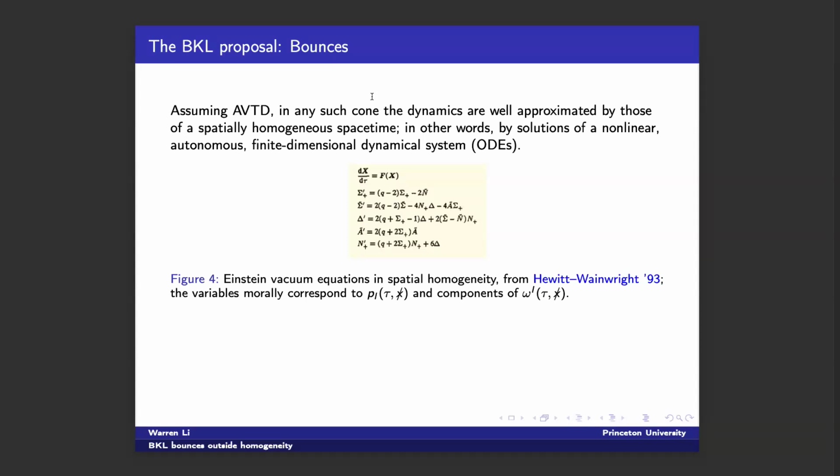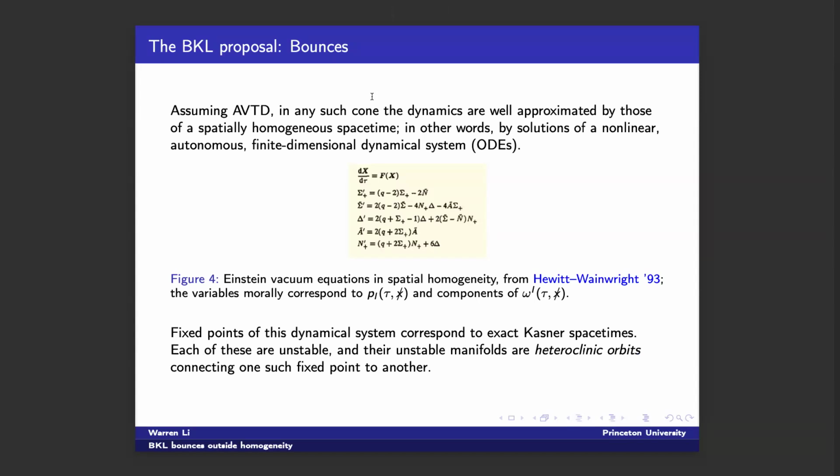All points in space are the same, and for solutions of the Einstein equations which are spatially homogeneous, we can change the Einstein equations to a system of nonlinear autonomous, well, just say a system of nonlinear ODEs. Okay. So this exact system of ODEs doesn't really matter what they are. Think of the ODE variables, roughly speaking, being the pi's.